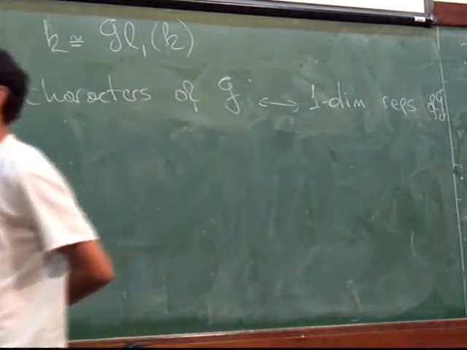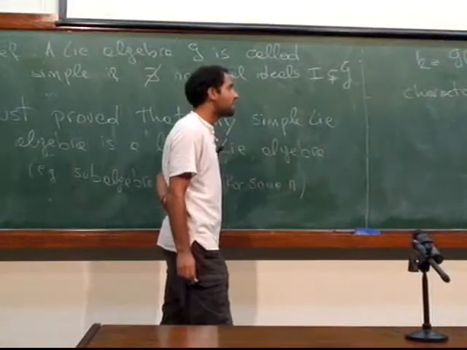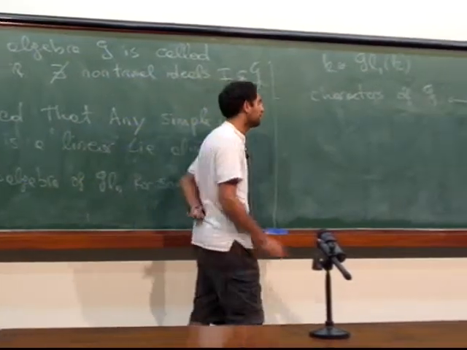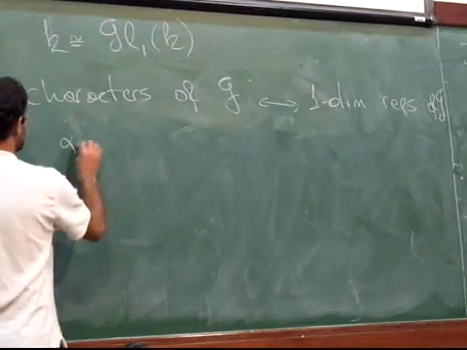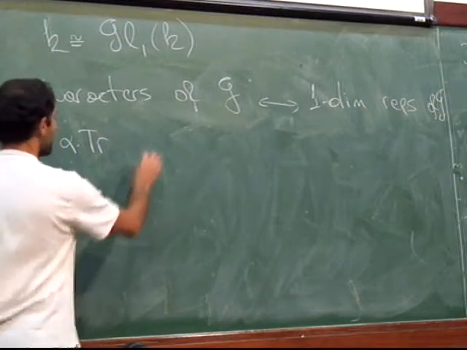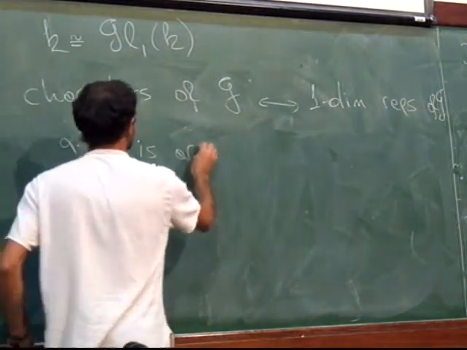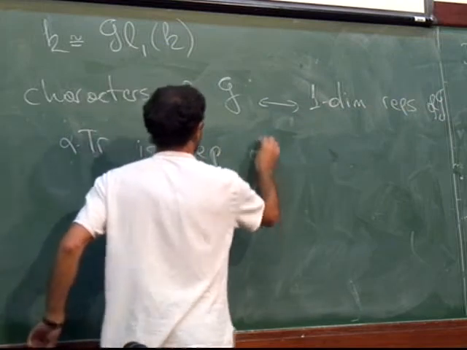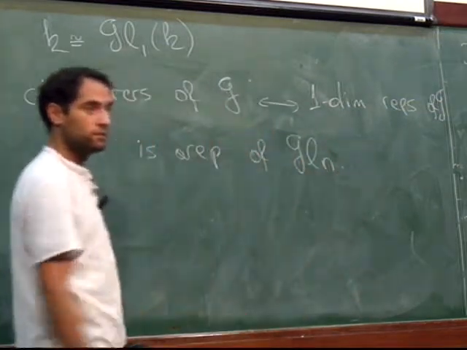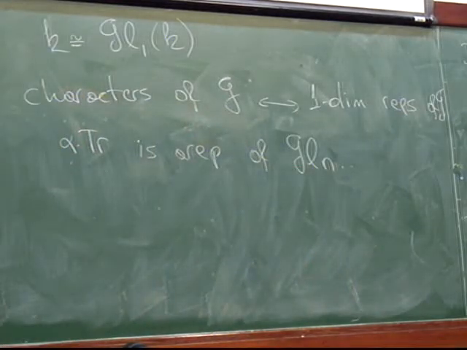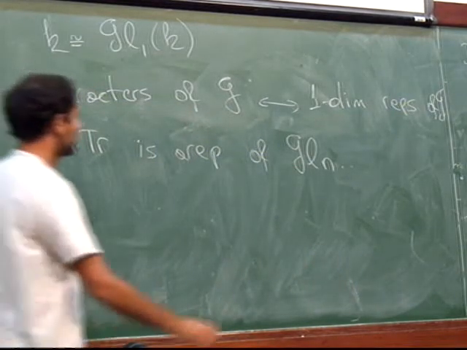So in particular, we already have a bunch of representations of GLN because we know that taking alpha times the trace is a representation of GLN for any alpha in the ground field.